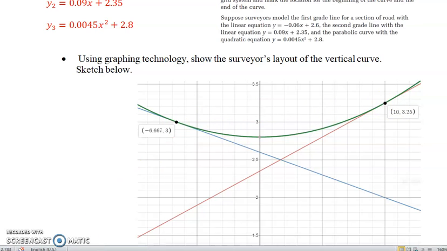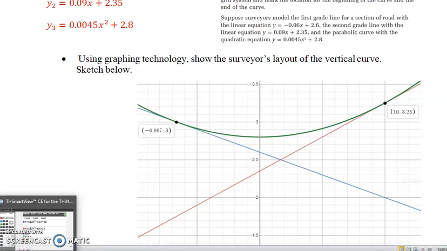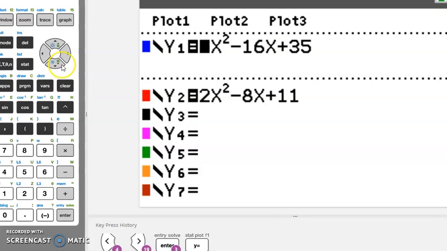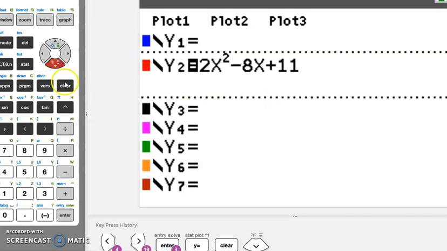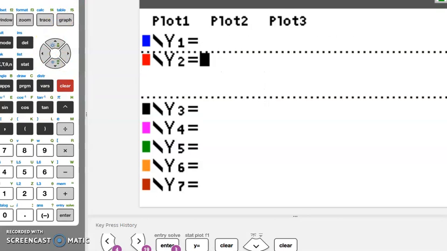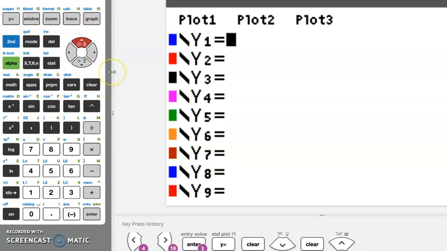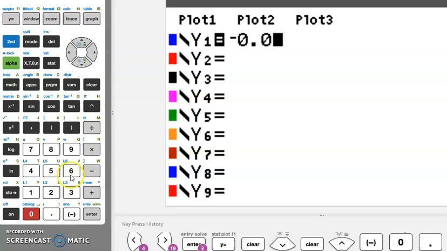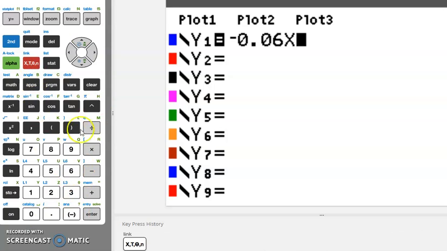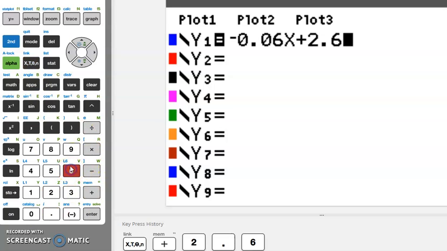Okay, I'll do that on your graphing calculator just so you can see that. All right, so we put in y equals, clearing those previous curves. The first one is the first linear, the one that's decreasing. It's negative 0.06x plus 2.6.